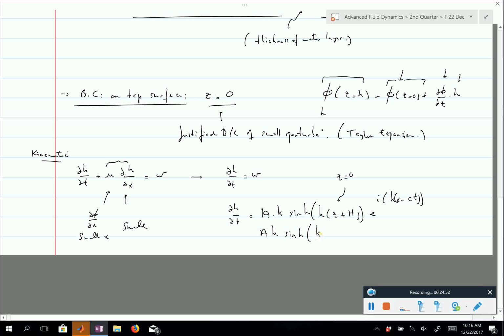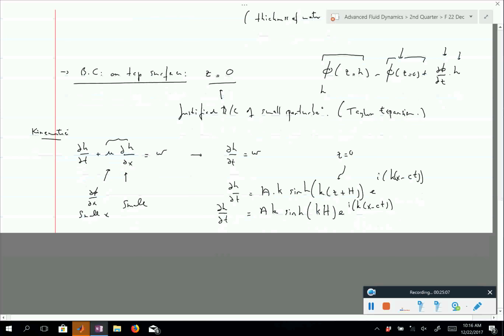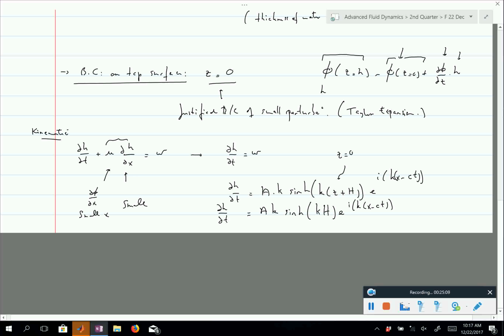Yeah? So note that this is now going to be a constant, so this is a k sinh(kH) times exponential i(kx minus ct). So this is where you realize that the mathematician did their job well, and that is because indeed, if I take a surface h, which just looks like exponential i(kx minus ct), then I can satisfy my kinematic boundary condition.